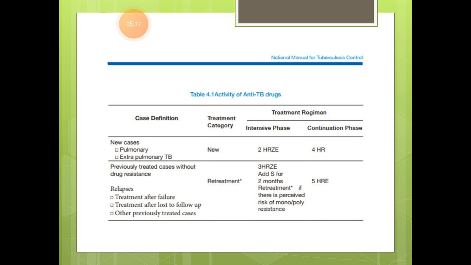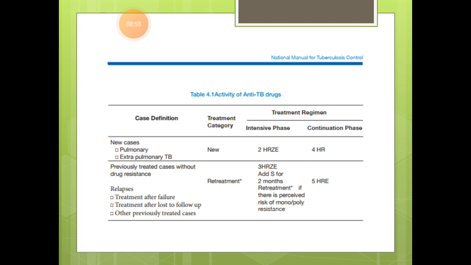And then you should know about the treatment categories, because previously there was a different division of TB treatment categories. Initially it was category 1 and category 2. Now that division is no longer there. Now treatment categories are mentioned as new and retreatment, and the duration of these treatment regimens is also different.